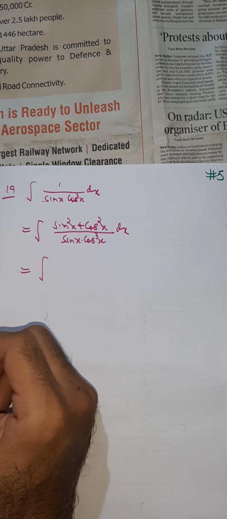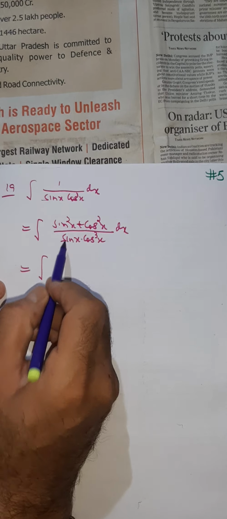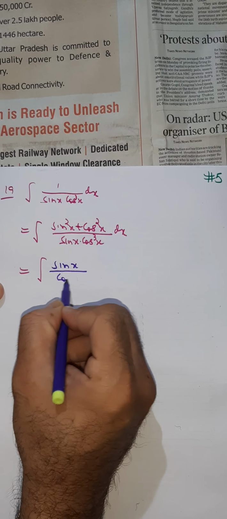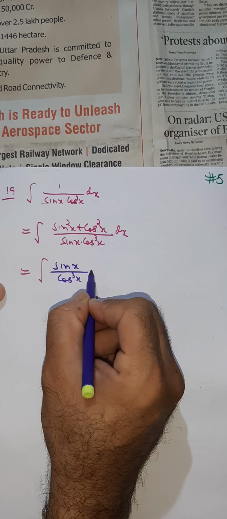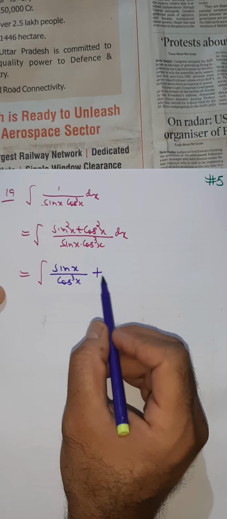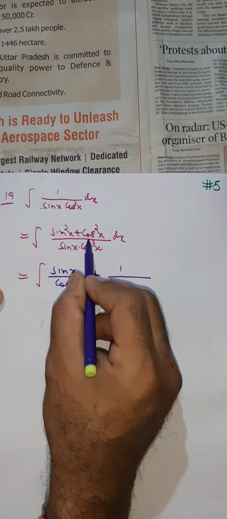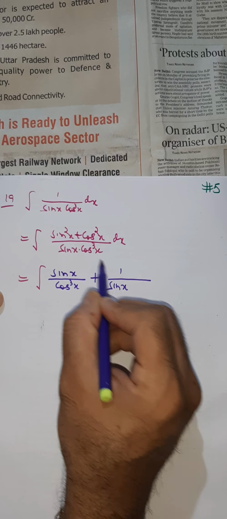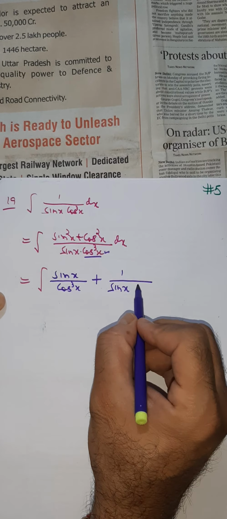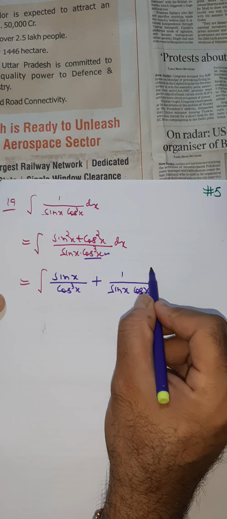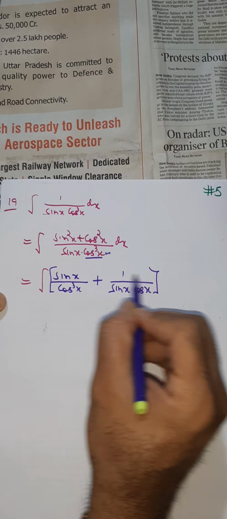So here one sin will get cancelled, so you are left with sin x upon cos cube plus this upon this. So there you are left with 1 upon sin as it is, and here instead of this you are just left with cos x, the whole dx.